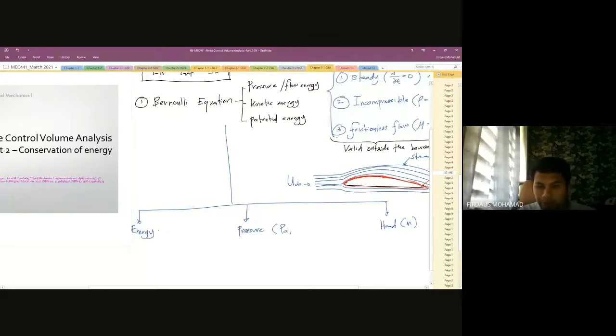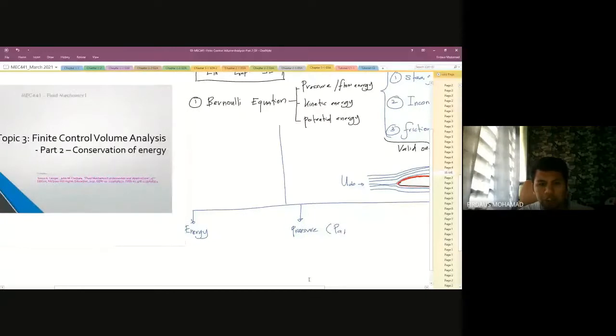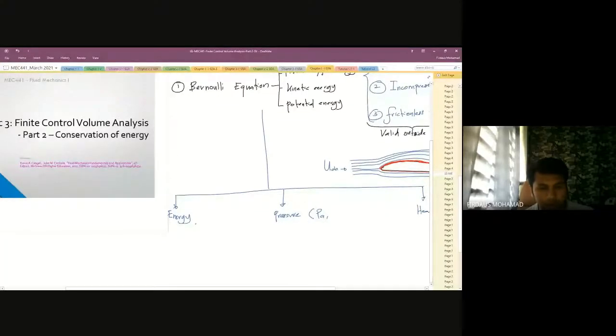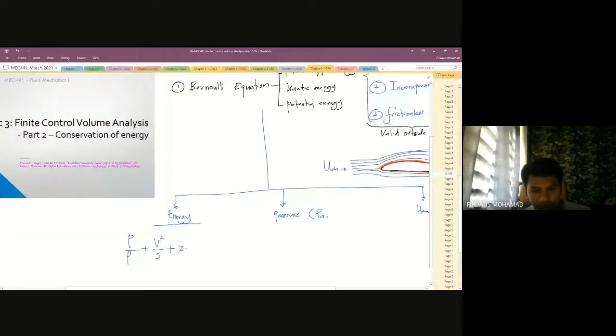Okay, so how to describe the Bernoulli equation in terms of energy? Okay, so in terms of energy, P over rho plus V squared over 2, okay, plus Zg equal to constant.